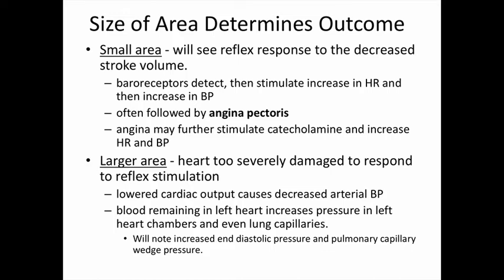So we see an increase in the pressure in the left heart chambers, starting with the ventricle, followed by the atria, and then the blood can even back up into the lung capillaries, and we'll see capillary wedge pressure as a result of that. So that's kind of the short story in terms of how the area of ischemia will determine the outcome.